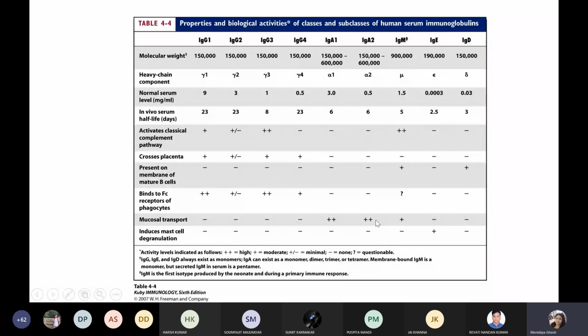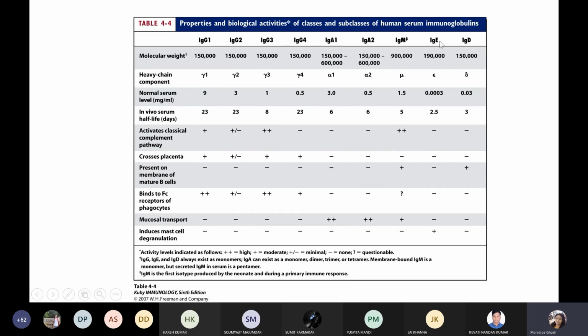They are the secretory type of antibody. That is why they are secreted from sweat, tears, sebum and milk, and through this secretory type of antibody, they can give protection to the body system.